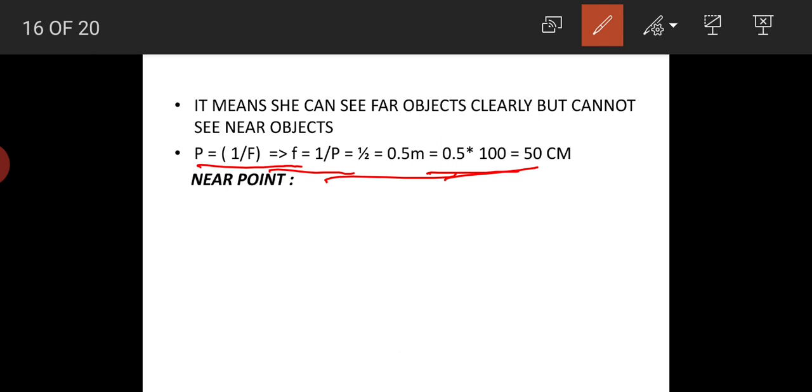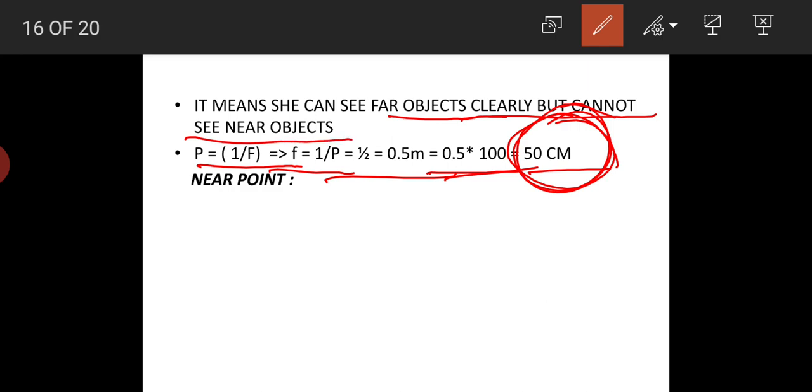Multiplying with 100 gives centimeters, that is 50 centimeters. So power is 2 diopter and focal length is 50 centimeters. Since she is using a positive power lens, she is suffering from hypermetropia. It means she can see far objects clearly, but she cannot see near objects clearly.